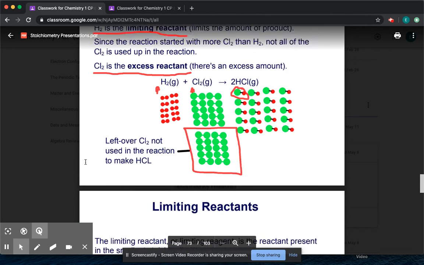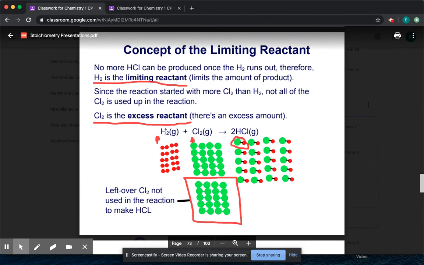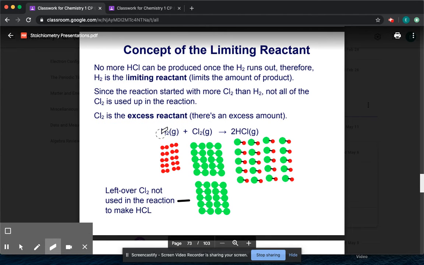So, for example, in this case, we have 10 moles of hydrogen and we have 20 moles of chlorine, right? So, a mole of hydrogen is going to be 2 grams.